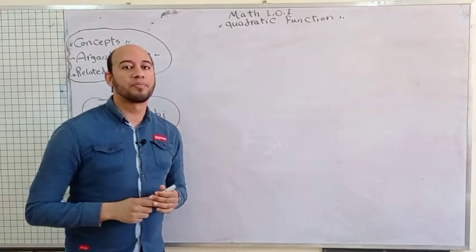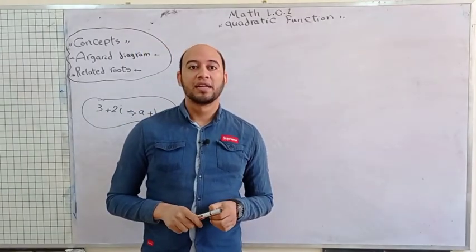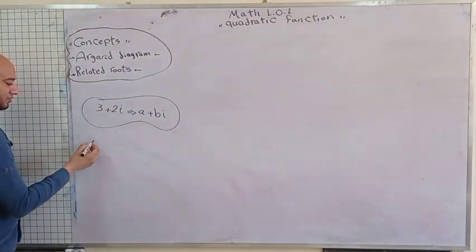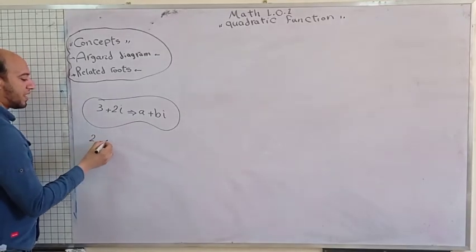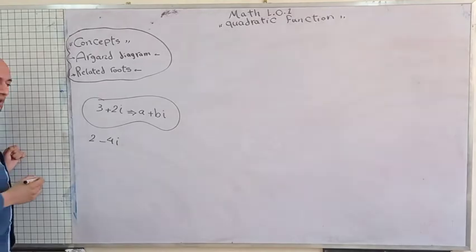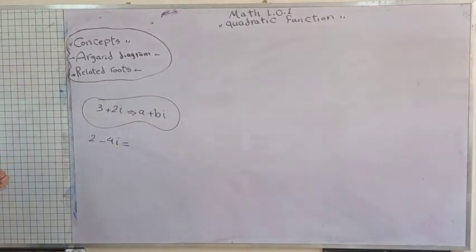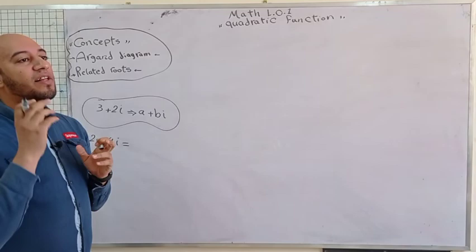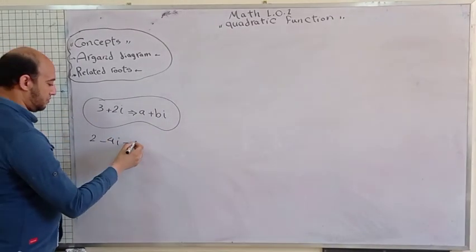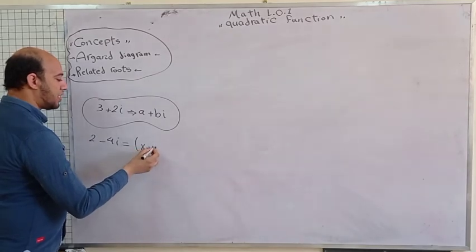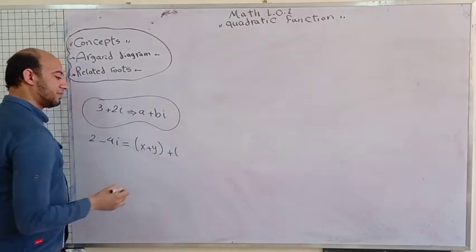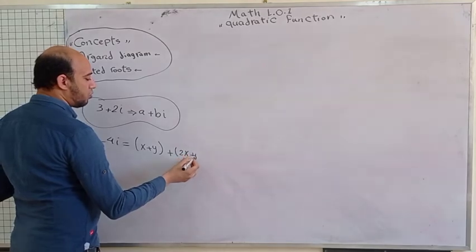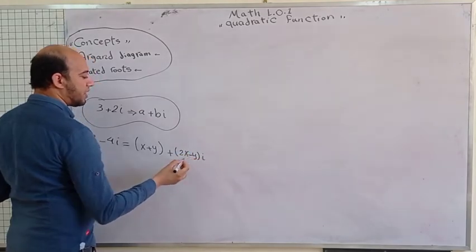If we have 2 equivalent complex numbers, and we know the value of one complex number, say 2 minus 4i, this is a complex number equal to another value, and this value has unknown letters like x plus y plus 2x minus y, 2x minus y, i.